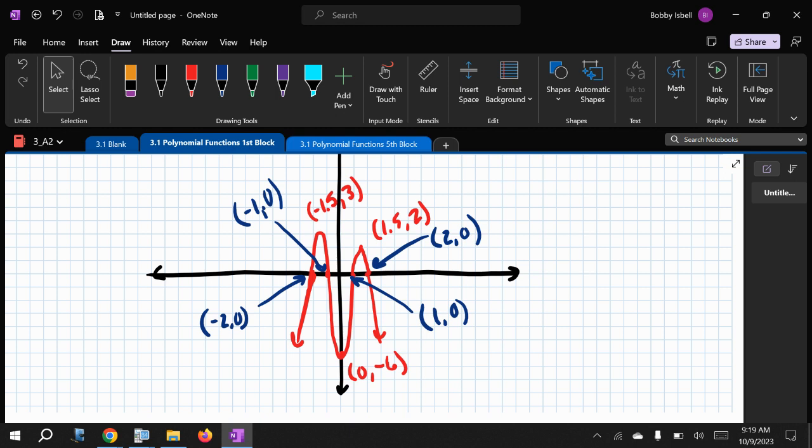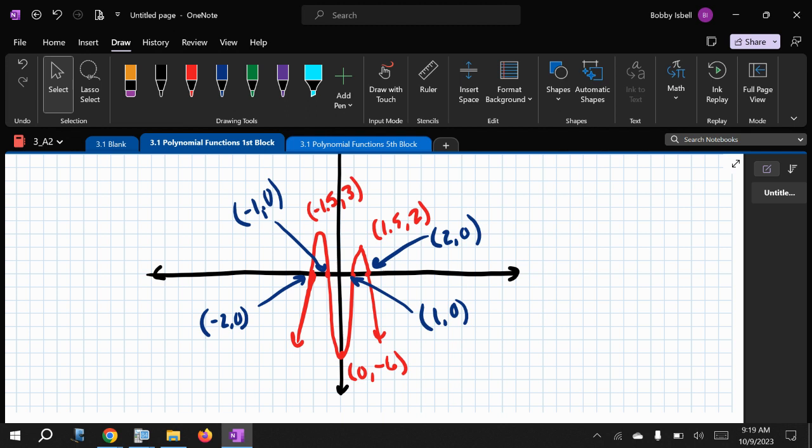So 0, and I picked -6 for no real reason. I knew it had to be a number down here on the y-axis somewhere. I could have picked -1 if I wanted to. It'd have been fine. You just pick something, but the x value has to be 0.